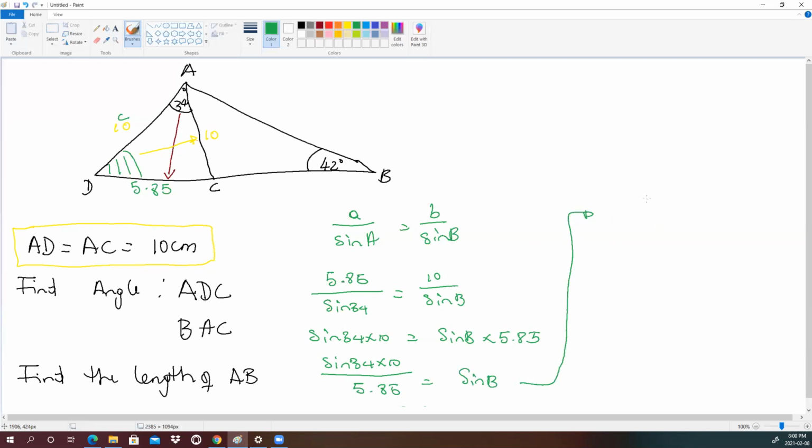Then you're going to have sine inverse of 5.59 over 5.847 equals B. And your answer, what did you get for your answer?